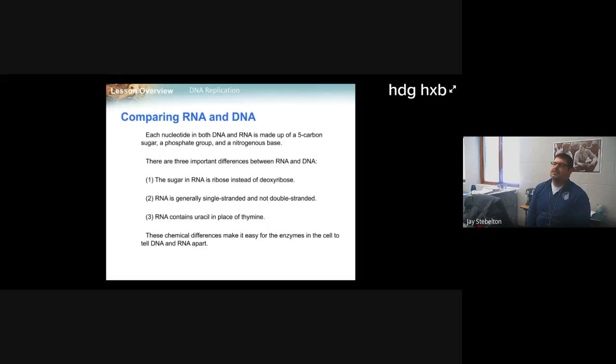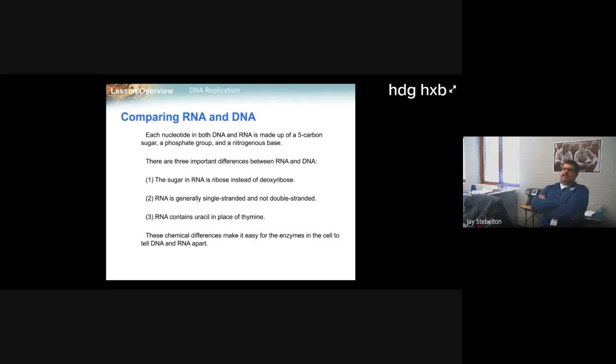Remember that DNA was double-stranded. We call that the double-stranded helix or the double helix. RNA is single-stranded, so that's another difference. And then when we match the base pairs, the nitrogen bases, A was going with T, with RNA we now replace T with a U. In other words, when we transcribe DNA to the messenger RNA, A's will now be matched with U's instead of A's being matched with T's.